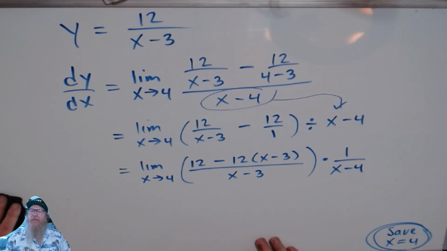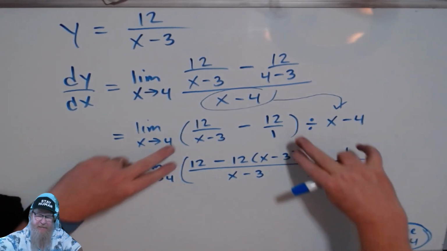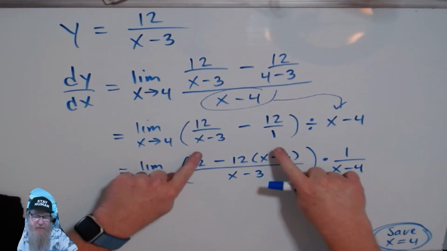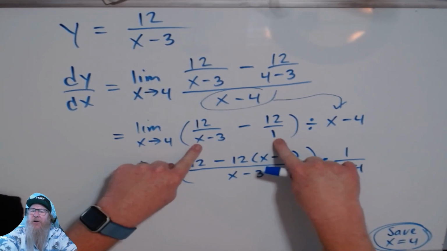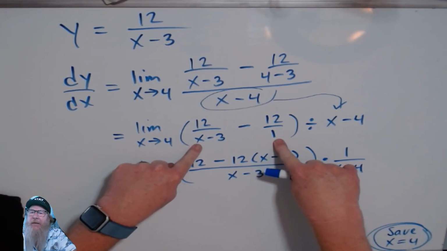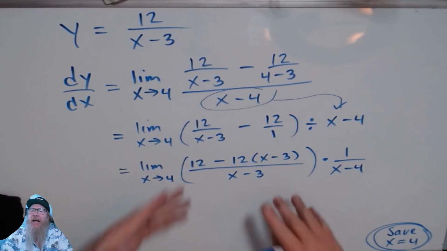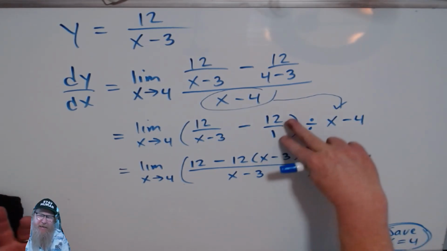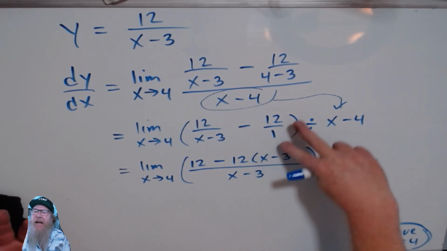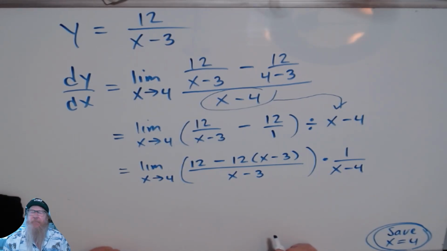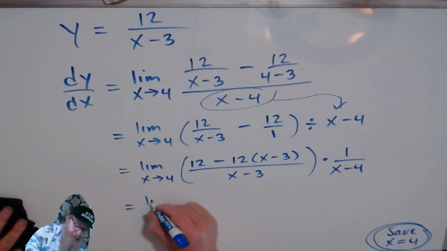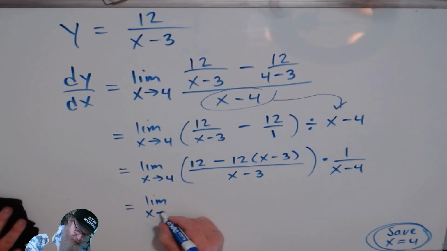Double checking my math here. I did that pretty quickly. It's just a common denominator. Because this term only has a 1 in the denominator, the common denominator is just x minus 3. So I only had to multiply the second term by x minus 3. I do a quick breath to check my arithmetic.